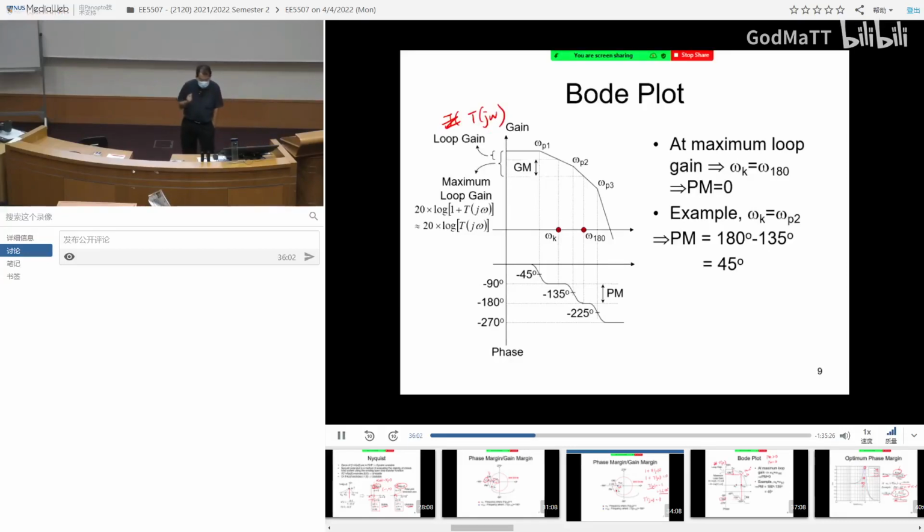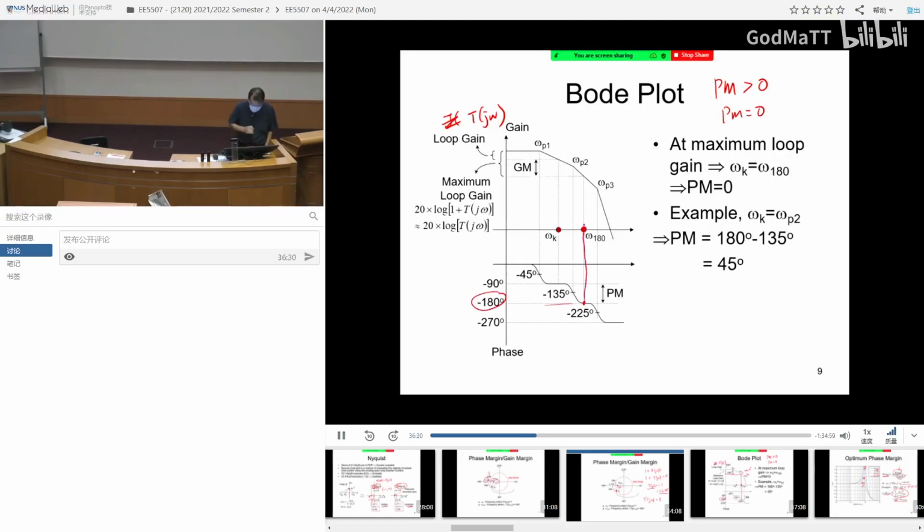Now, the maximum loop gain that you can apply while the system is still stable, because we already know, as long as PM is bigger than 0, it is stable. So the larger it can go or the smaller it can go, PM equals 0. So if you look at this plot, if you identify when the phase is equal to 180 degrees, let's say at this point, you bring it up.